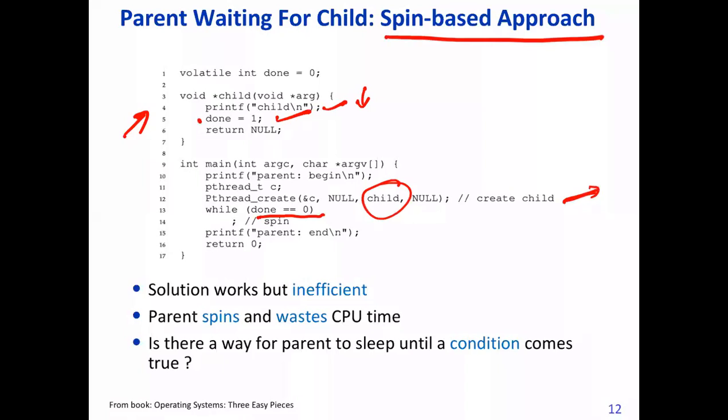It changes the global variable done to 1 and returns null, it means that child is over. So when the next time parent is scheduled and gets CPU, this condition is met, done is not equal to 0. So it will come out of spin loop, and then it will print parent end.